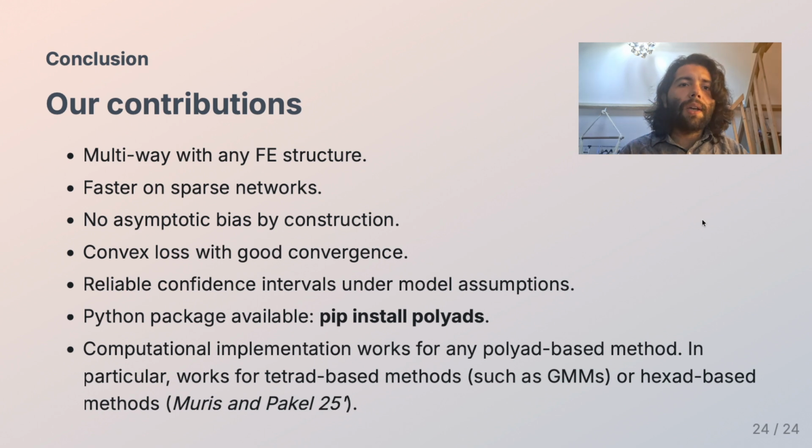Also in the two-way, we have the classical network formation paper by Graham. But I guess that the main message here is that our method enables inference in very large, sparse data sets that would not be possible with the methods that are currently available.